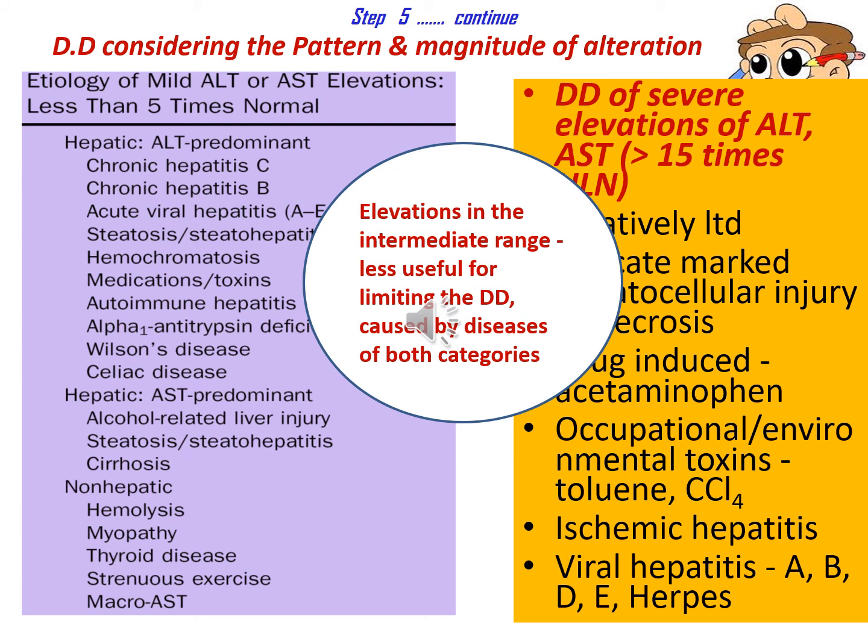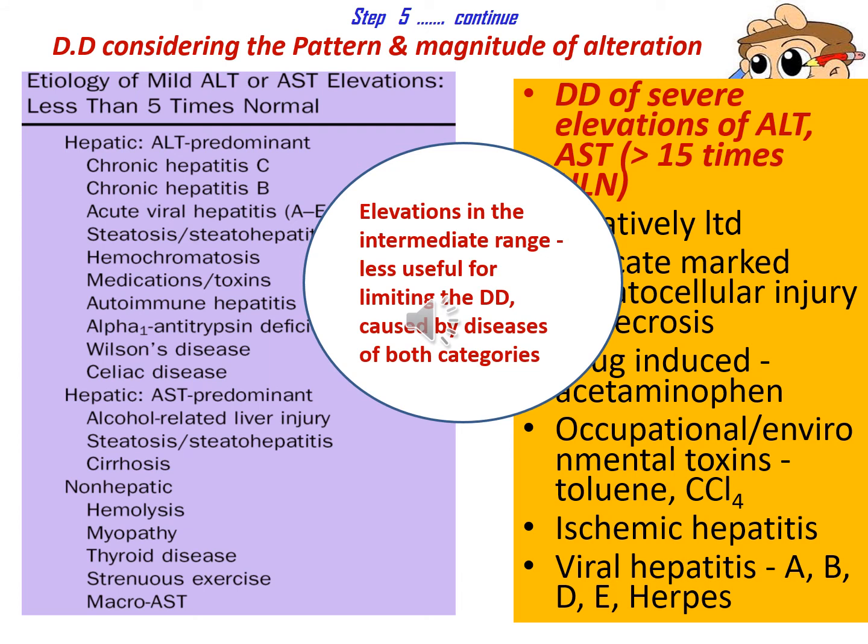If there is mild elevation in ALT and AST, and by mild elevation we mean less than 5 times the normal, if ALT is dominant, we should put in the differential diagnosis chronic hepatitis C, chronic hepatitis B, acute viral hepatitis from A to E, steatosis, steatohepatitis, hemochromatosis, medications, autoimmune hepatitis, alpha-1 antitrypsin deficiency, Wilson disease, and celiac disease.